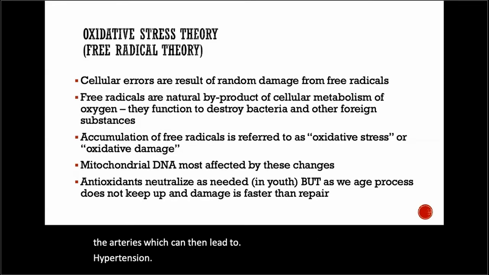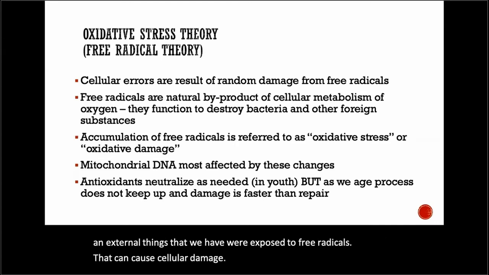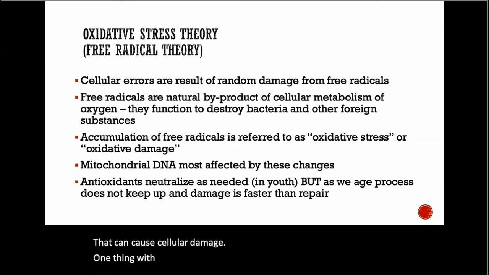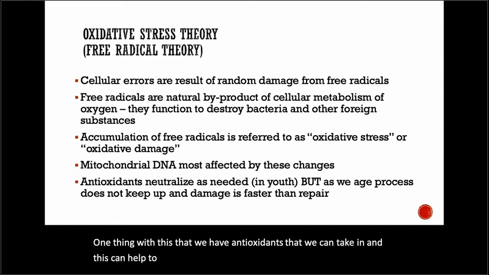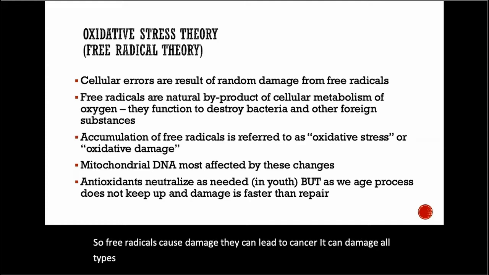The free radical theory, or oxidative stress theory, is more of an external thing, that we're exposed to free radicals, and that can cause cellular damage. One thing with this is that we have antioxidants that we can take in, and this can help to combat the aging. So free radicals cause damage. They can lead to cancer. They can damage all parts of the body.